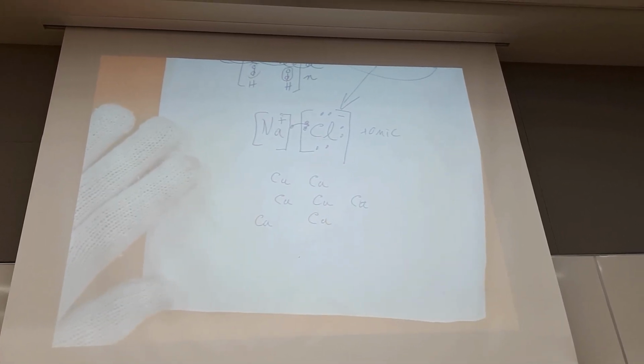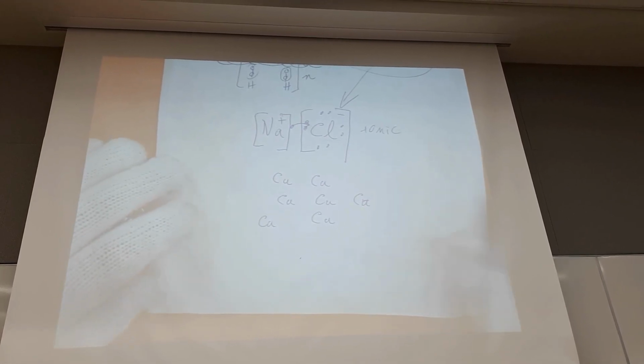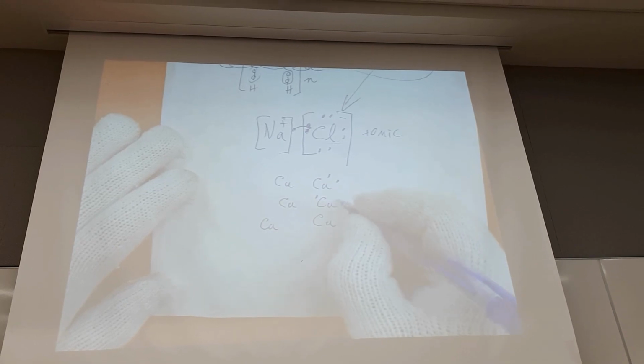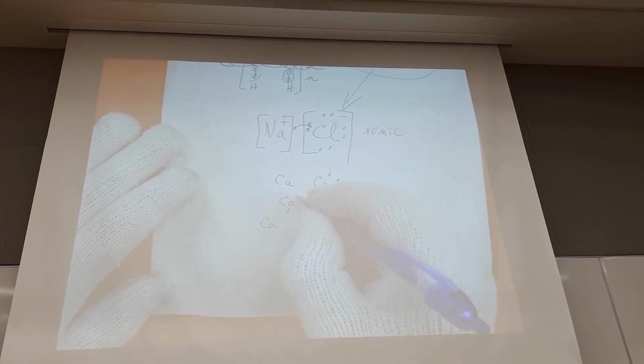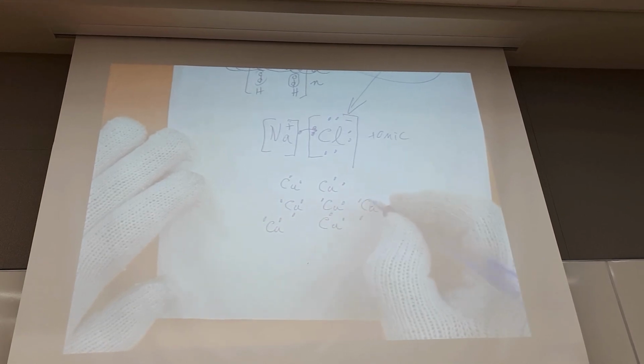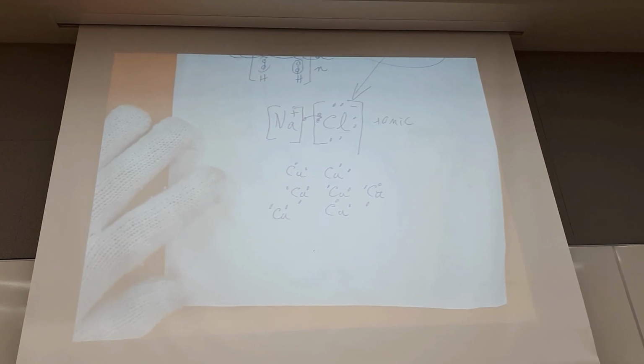I don't exactly know how many electrons are in the valence orbitals of copper, but copper has valence electrons like this. See, there's 2, copper 2 plus 2.